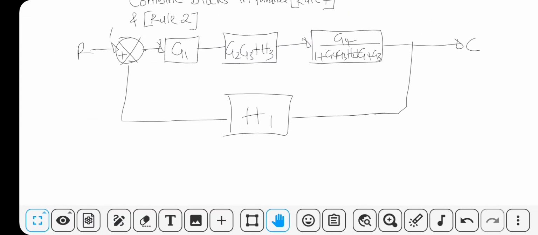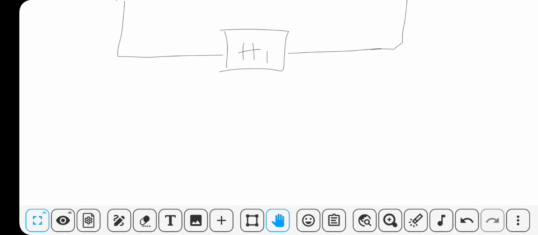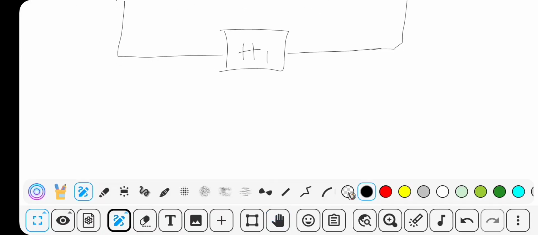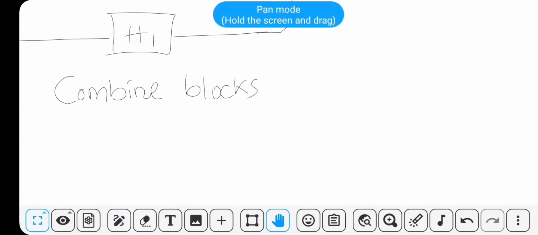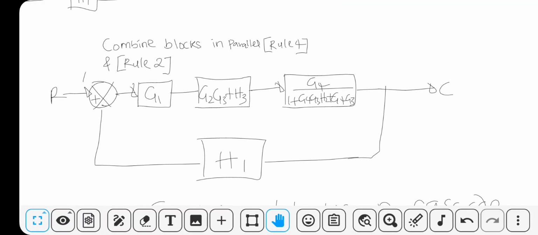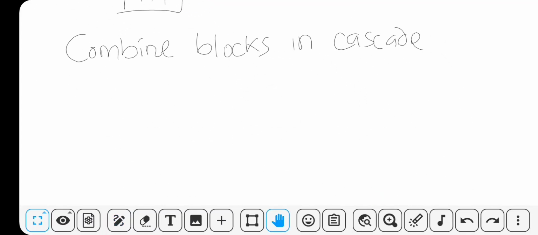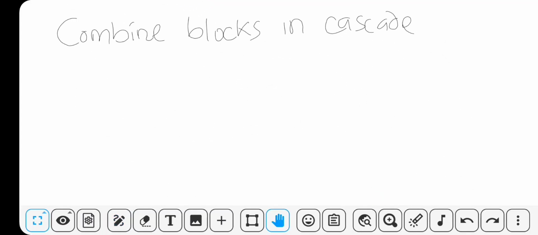So this is what we have left. So you can see that we are almost done. The next step is to combine blocks in cascade. From here, these three blocks are in cascade, in series. So we can combine them.